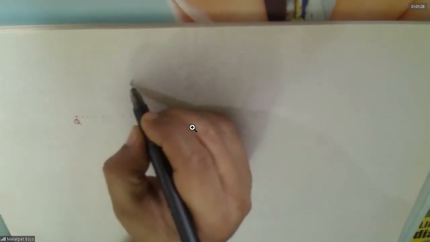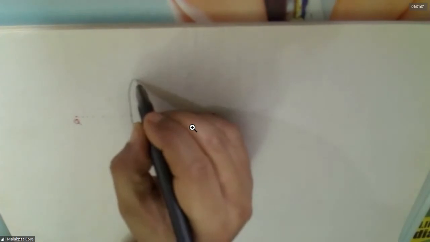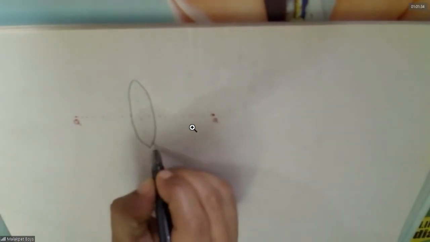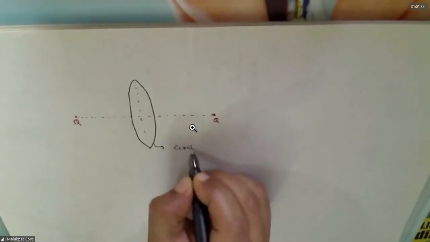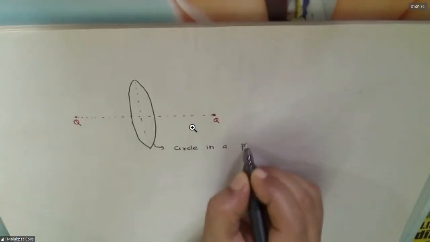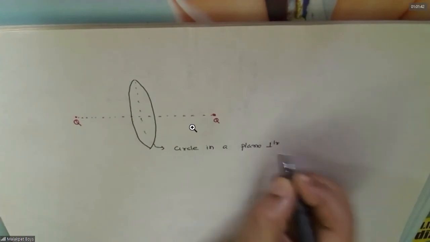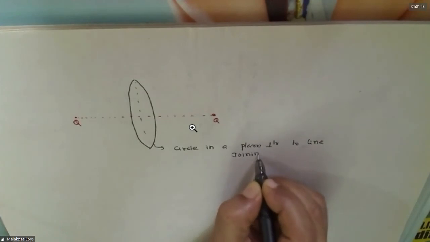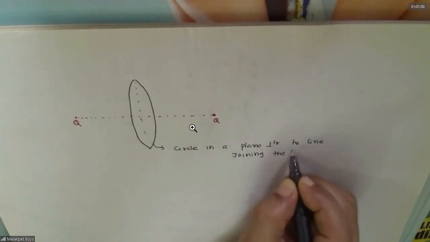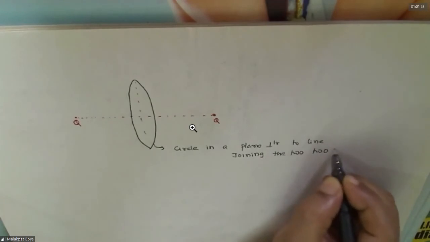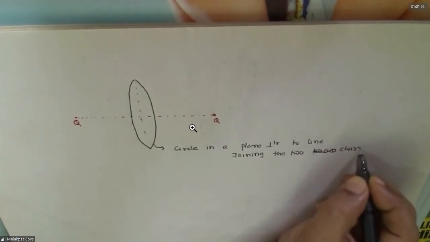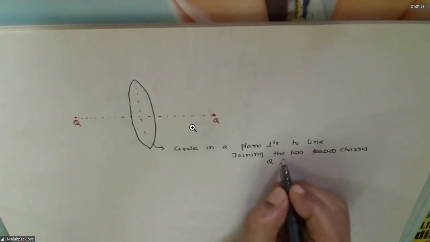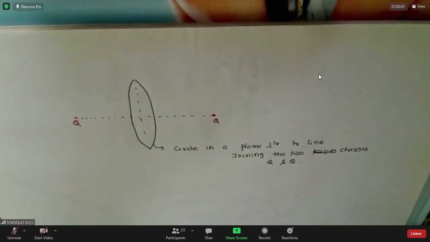In this plane is a circle. Now he says that calculate the radius of the symmetry of the force.